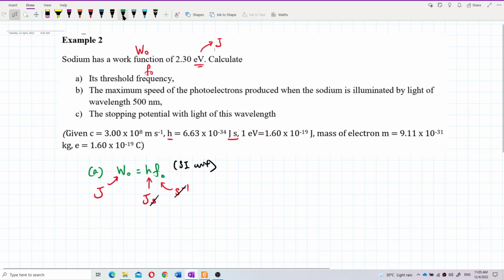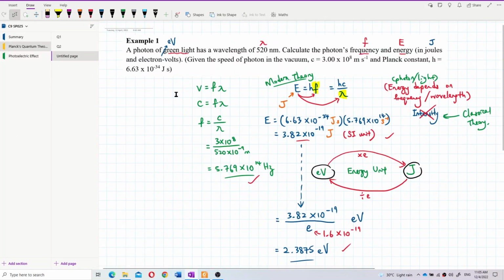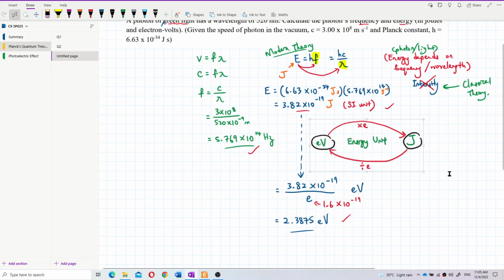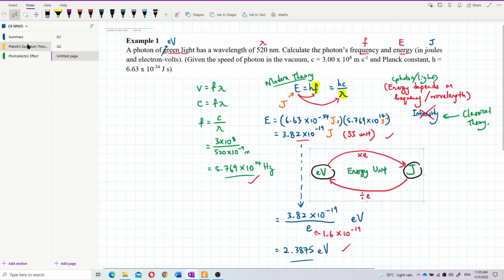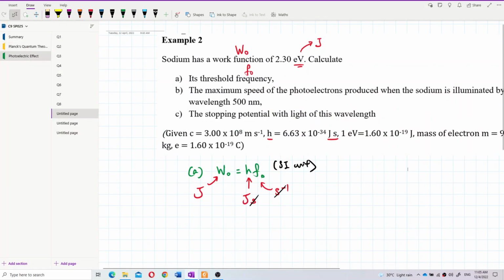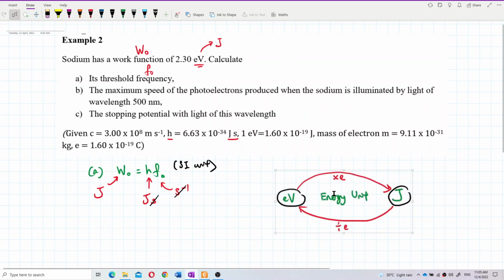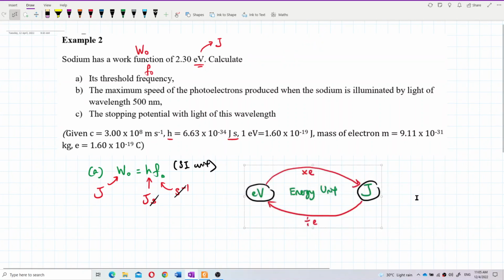As we remember, for the energy unit, I just copy from the next door what I wrote. Energy has two units: either electron volt or joule.